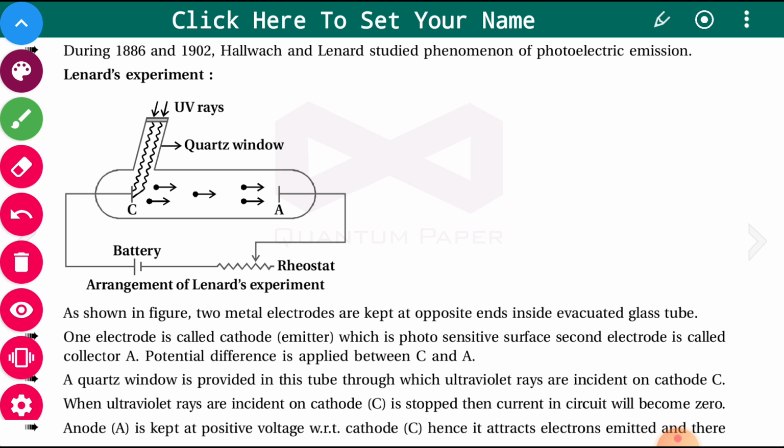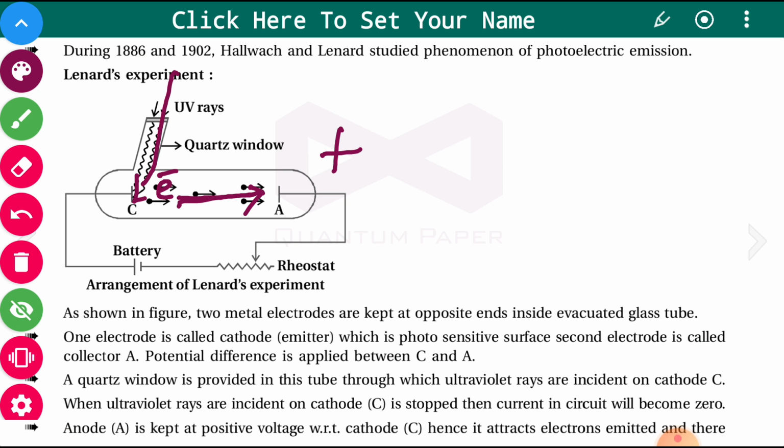So whenever the ultraviolet rays are absent, the current is not there, but when these ultraviolet rays are incident on the cathode, then these photoelectrons are emitted. They will be attracted by the anode, which is generally kept at positive potential.